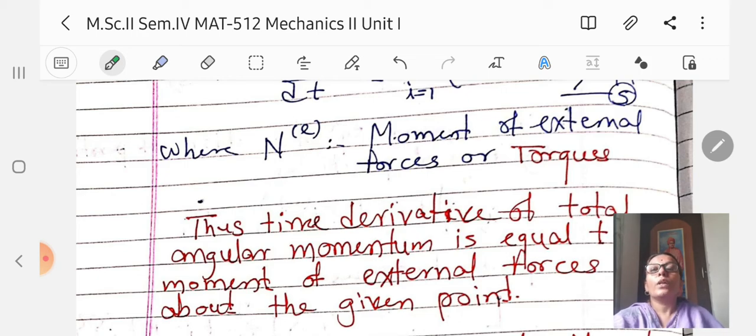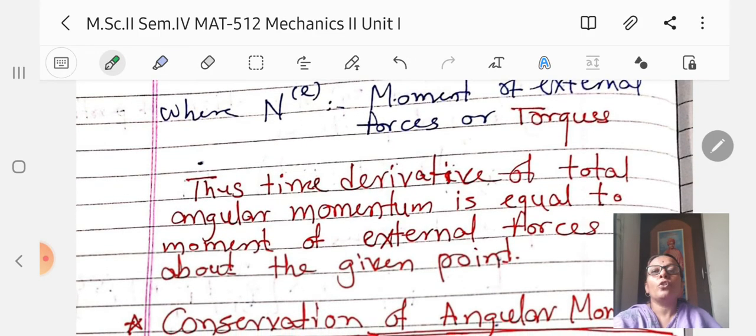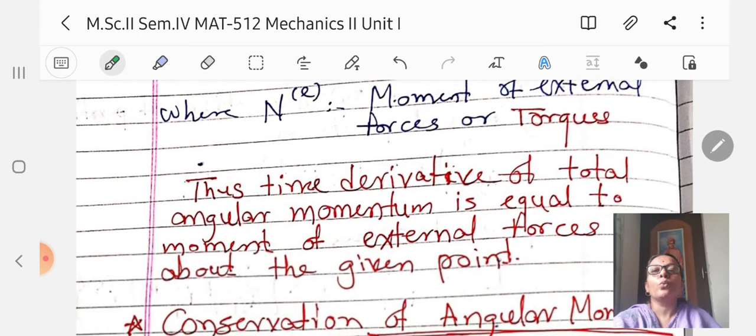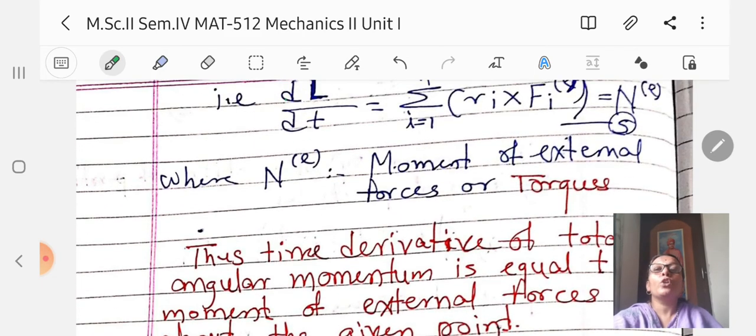Thus we can state this equation in words: the time derivative of the total angular momentum L is equal to the moment of external forces about a given point.